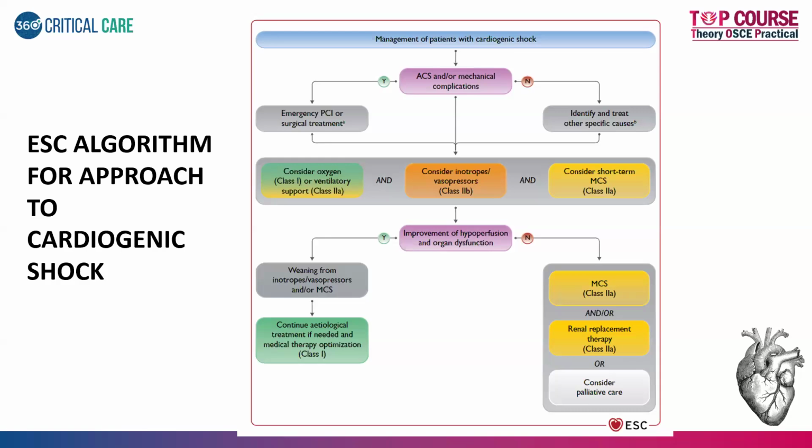If the patient is not responding adequately and you're seeing that the patient is worsening, say suppose the patient's urine output is dropping, pigmentation is worsening, congestion is worsening by signs of oxygenation, pulmonary edema, etc., probably it would not be unwise to think about mechanical circulatory devices, because inotropes or vasopressors have also not been optimized, or there is no standard rule that they have shown to be beneficial over mechanical circulatory devices. So in such cases, you need to go ahead and think about the use of mechanical circulatory devices. That is when the patient is in refractory cardiogenic shock.